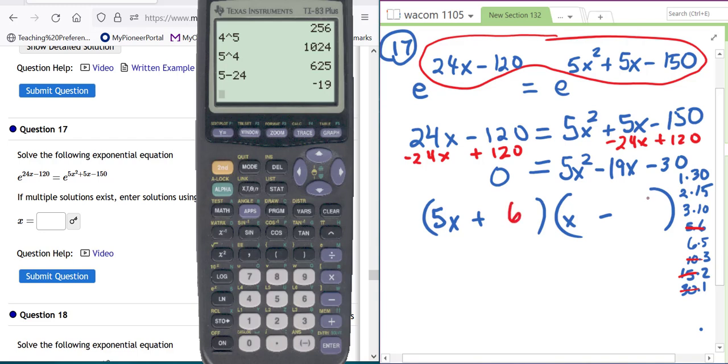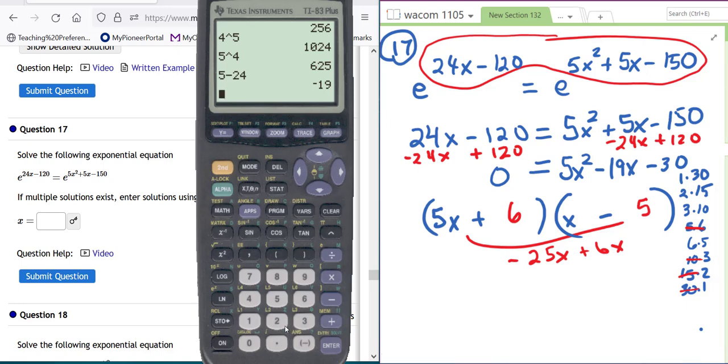Let's try it. There's a minus 25x plus 6x. That is 19, and it's a negative 19. So Mrs. H got kind of lucky there, and it did factor. I could have gone quadratic formula too.